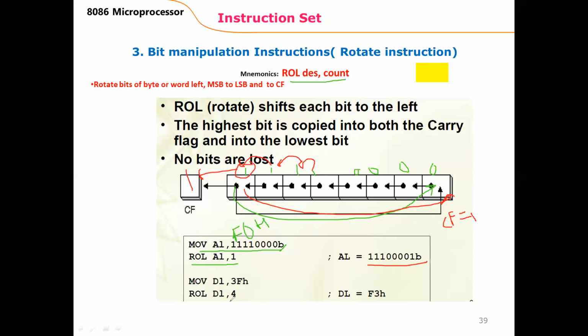Now if we perform a 4 times shift to this number, then what will happen? We can solve and find out. 3 means 0 0 1 1. F means 4 times 1.